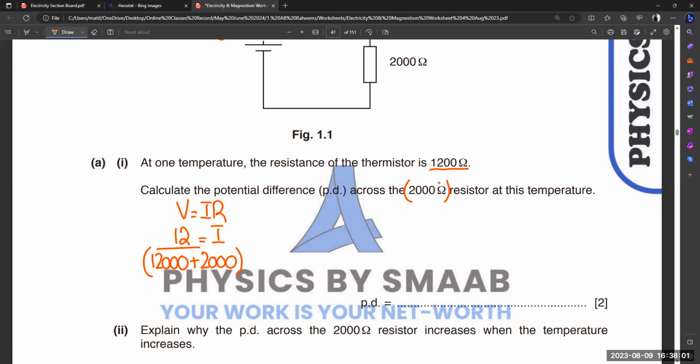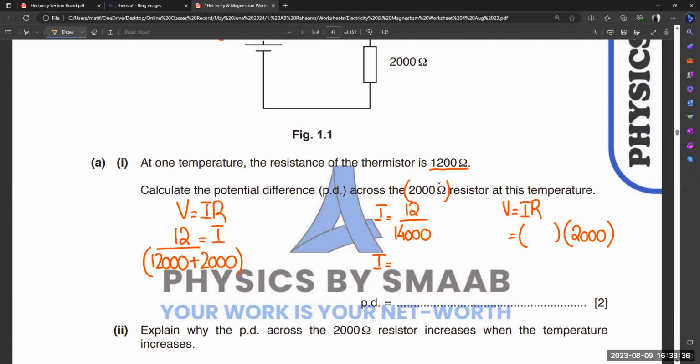Divide 12 by 14,000 and you will get the value of current, and then again use the concept of V is equal to IR. Now R is equal to 2000, because our desired value is 2000, right?